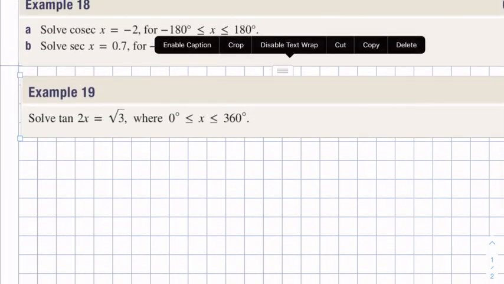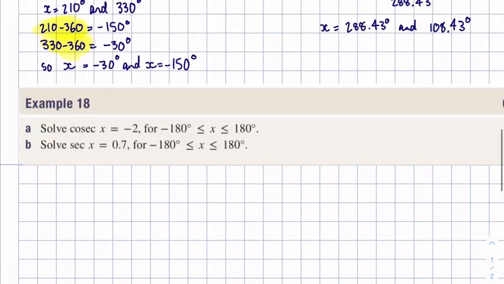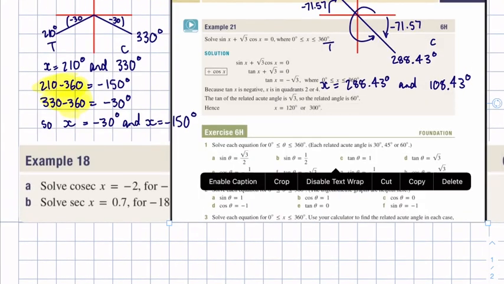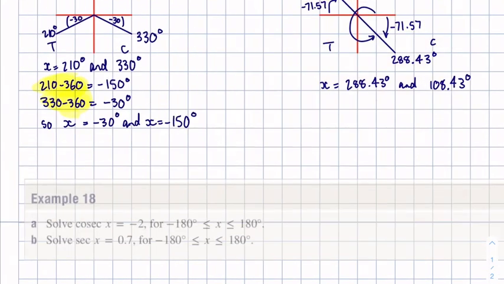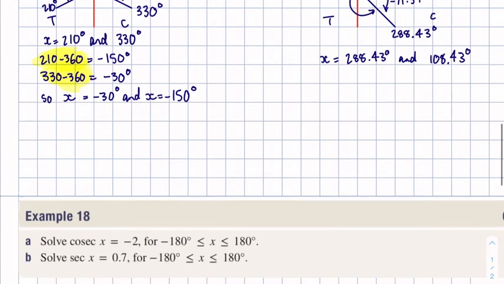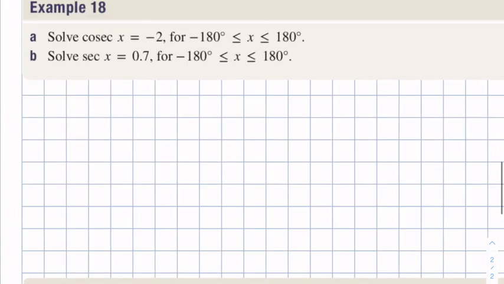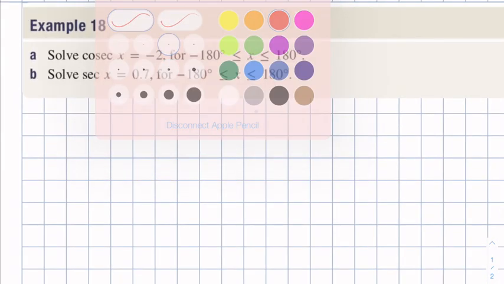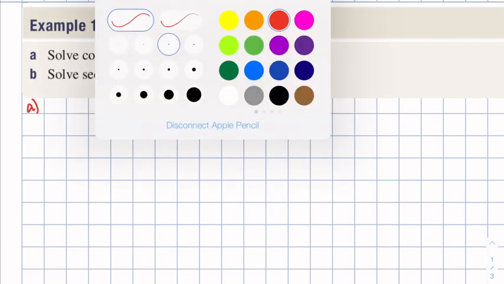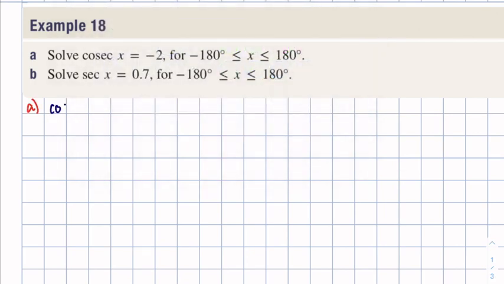Next example, let me get this one away. Next example's harder because we're now dealing with cosec and sec, yeah? So we know cosec x equals minus 2, which means 1 on sine x equals minus 2.